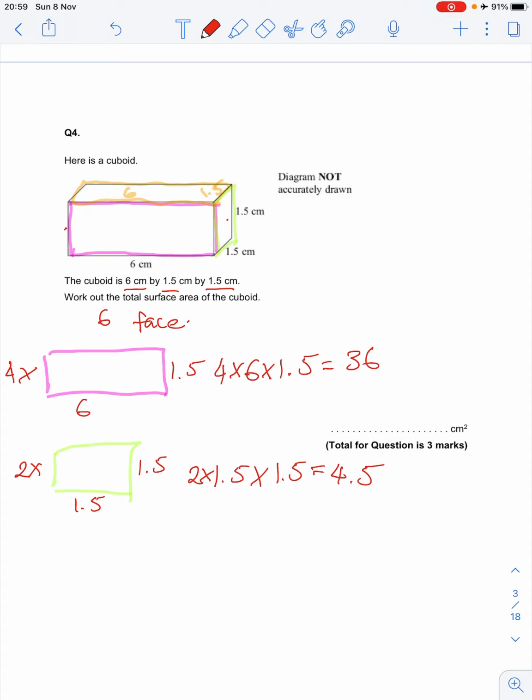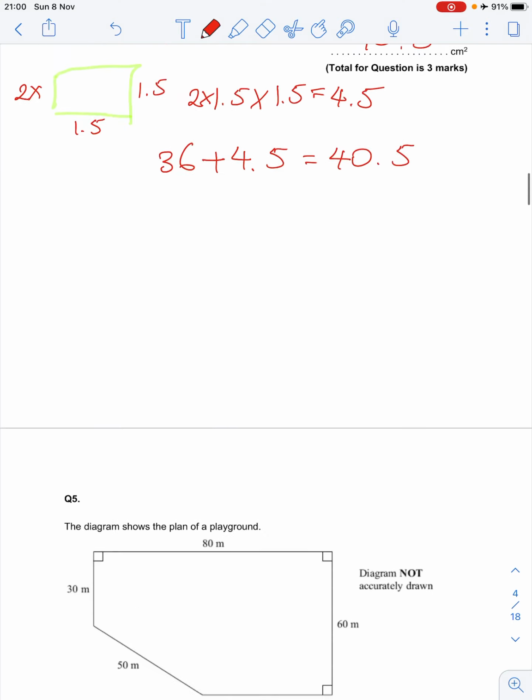Then we just add them up. So it's 36 plus 4.5 equals 40.5. So our final answer is 40.5.